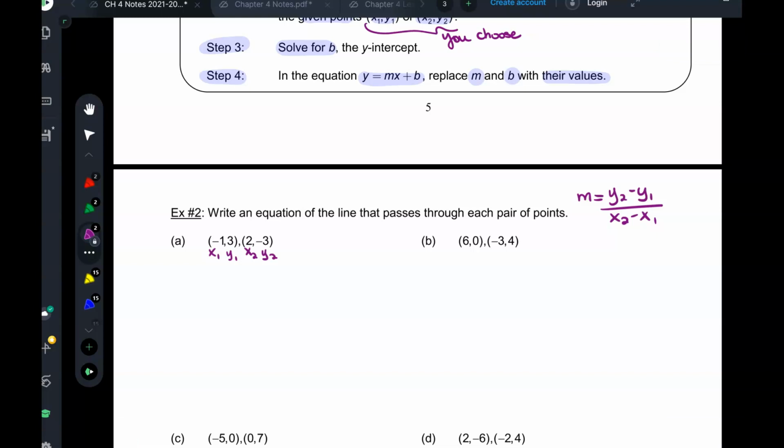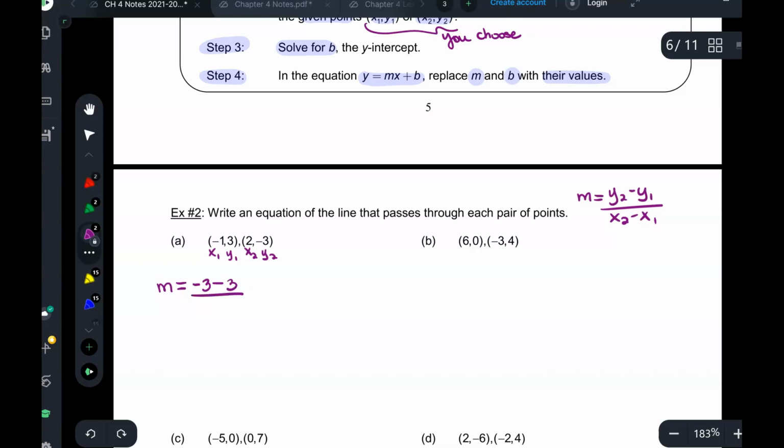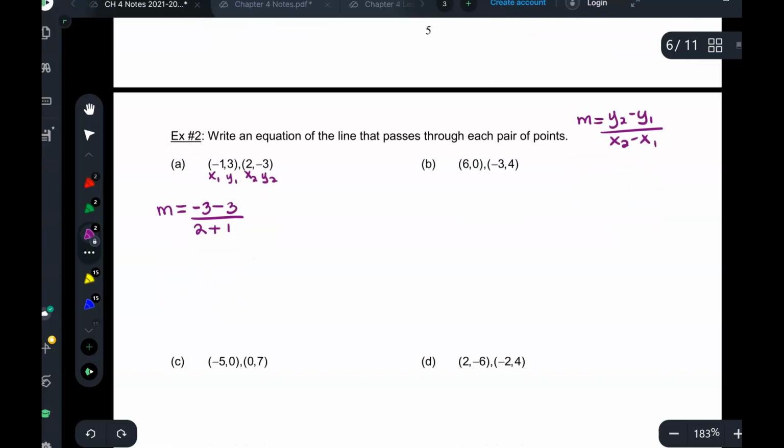So for step 1, I have to find out what m is equal to. y2 is negative 3 minus y1, which is 3, over x2, which is 2, minus negative 1. That's going to make it a plus 1. So I'm going to get negative 6 over 3. Make sure you simplify everything. That's going to be negative 2.